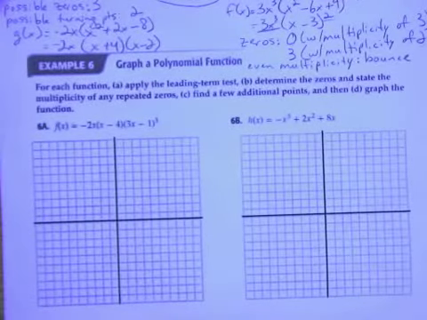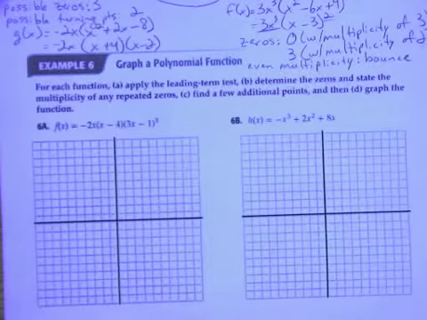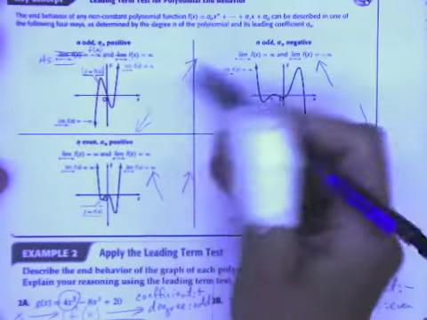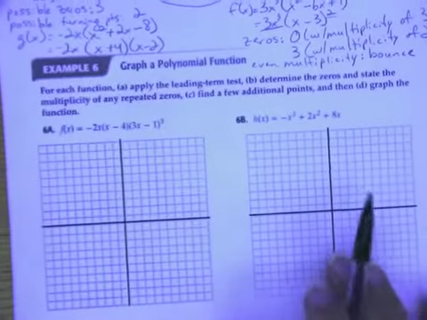So we're taking all of the information that we've talked about in this lesson and putting it all together so that we can graph a polynomial function. Okay, so in part A, it says apply the leading term test. Now I'm not going to get really fancy about the notation for end behavior like we did here. I'm just interested in how does it look like? Where are my arrows pointing in my end behavior?